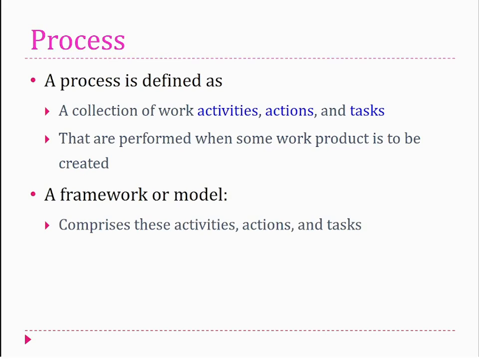Let us begin by understanding what a software process is. A software process is a collection of activities, actions, and tasks performed to develop a software product. For example, think we are a building constructor, and we are going to build a house.